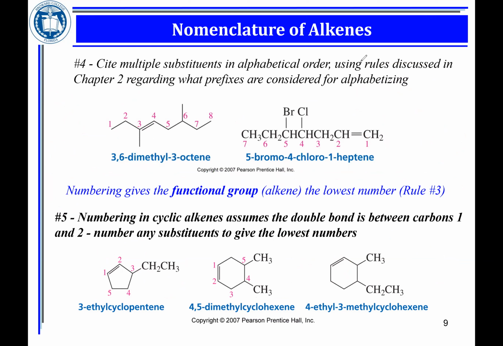For this one, if you start with this carbon 1 here, it would be too high of a number, so you have to start from this carbon. 1, 2, 3, 4, 5, and 6. So you have a methyl group on carbon 2, and an ethyl group on carbon 4. Because of alphabetical order, ethyl comes before methyl, and you give that.